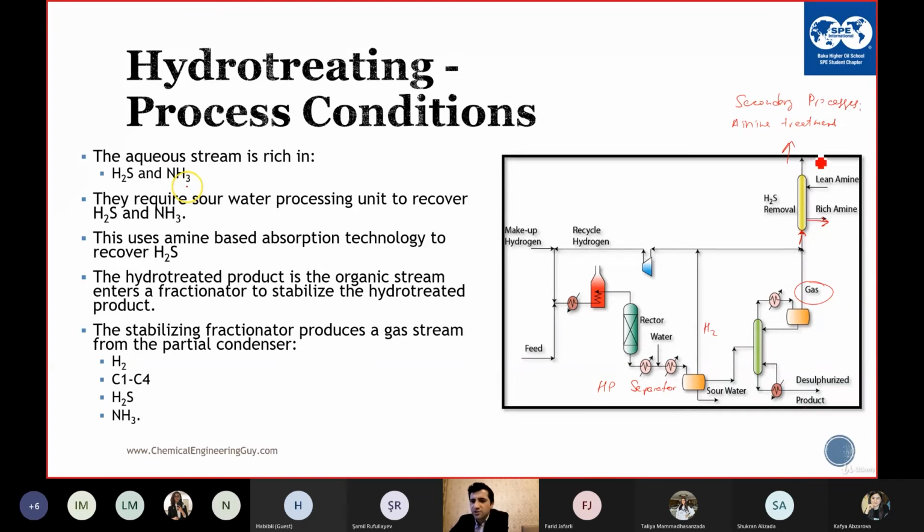And the treated, let's say, gas leaves the column from top. Rich amine is sent to amine regeneration, where the H2S is removed from amine, and then again the lean amine is sent back to the process.